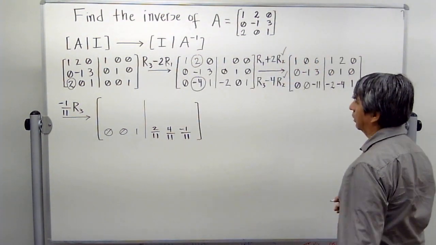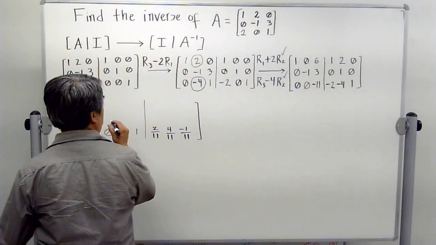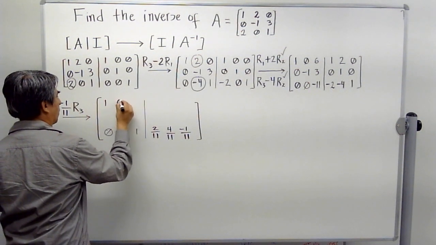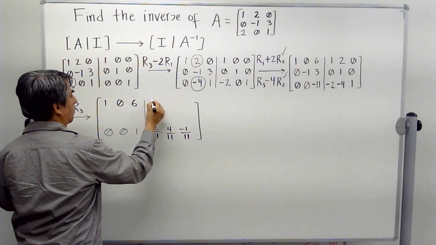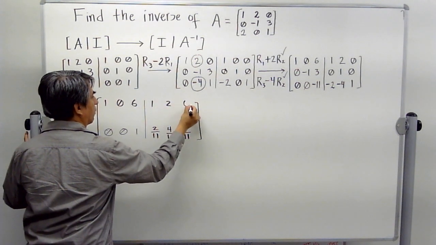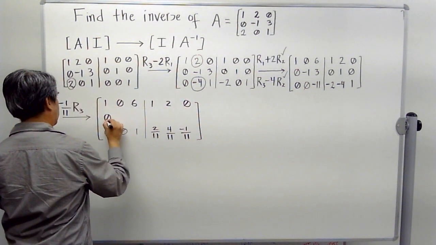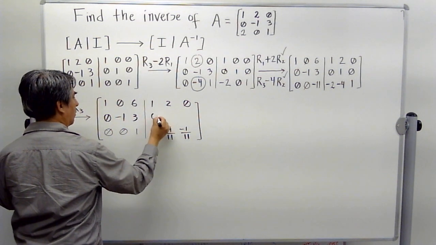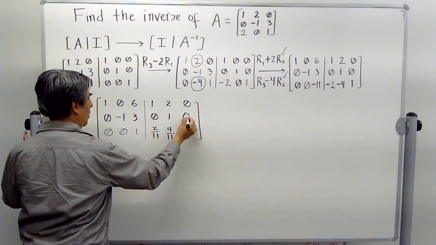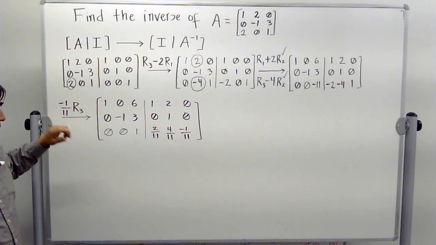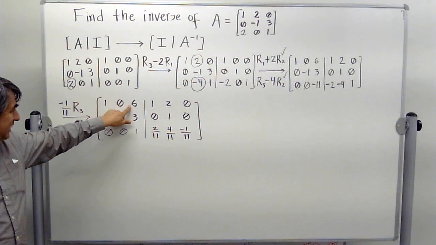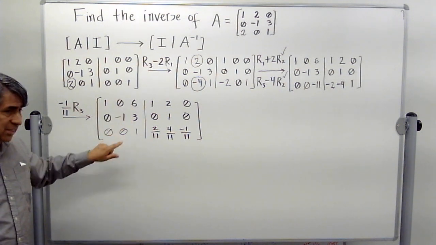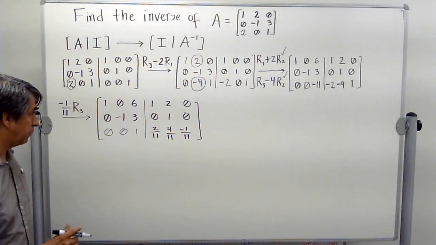We keep the first and second row. To eliminate this 6, take row 1 minus 6 row 3.